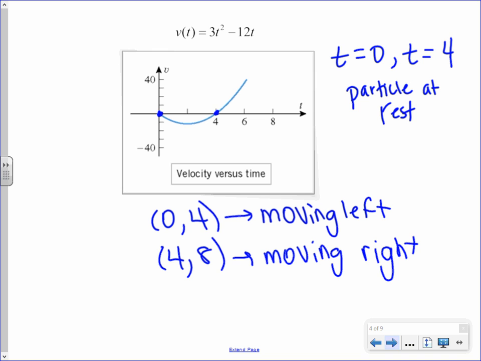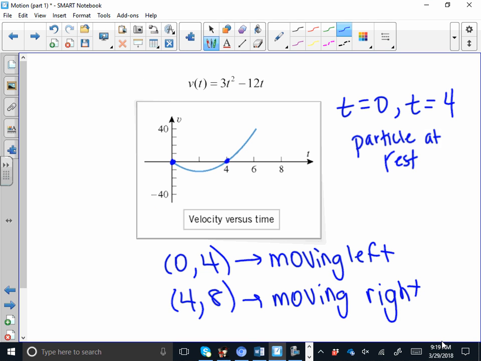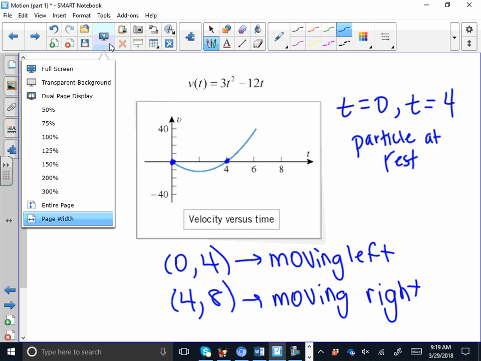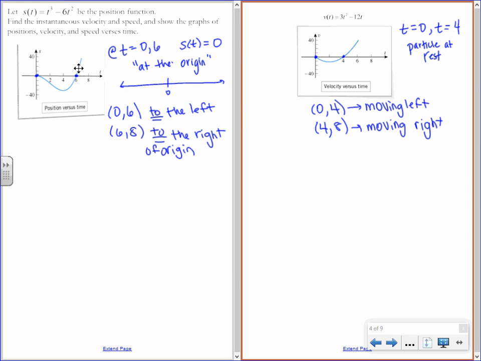Now let's see if I can do this here. Okay, I can do it here. So now I have both of these up here, and I know they're small, and I apologize, but we'll make do. Notice how we determined that since our velocity was below the x-axis, negative, it's moving to the left.